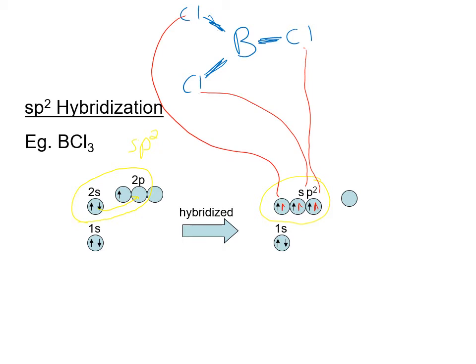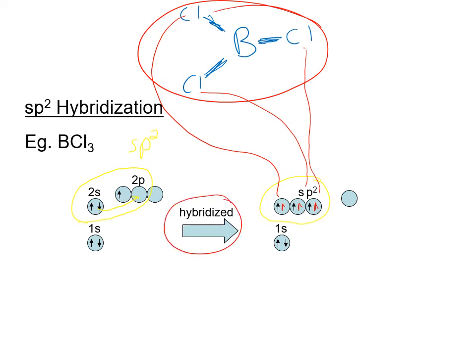So we end up with a way for this molecule's structure and the way it bonds to be explained through hybridization. Since we took an s orbital and we took 2 p orbitals, we call this sp2 hybridization.